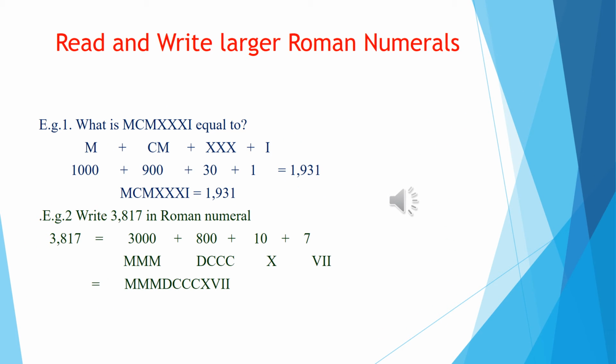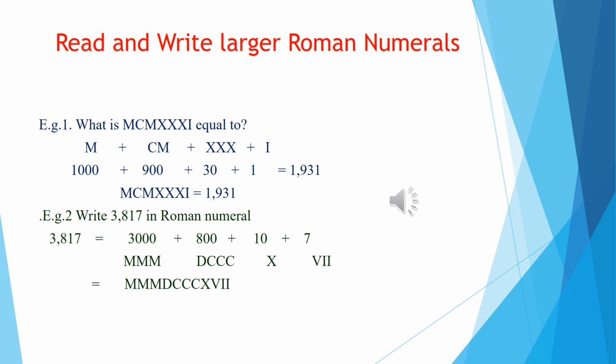Dear children, let us see how to read and write larger Roman numerals. Look at the following examples. Example 1: What is MCMXXXI equal to? To write the Hindu-Arabic numeral for this Roman numeral, first we will write the Hindu-Arabic numeral separately for each group.